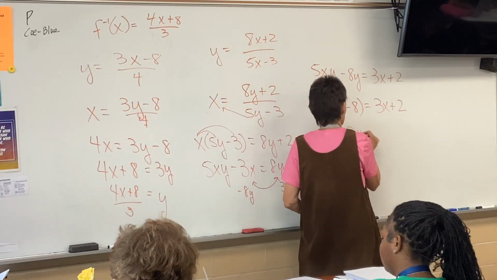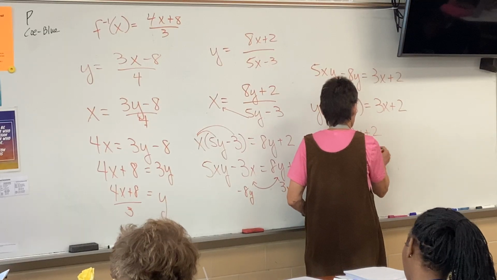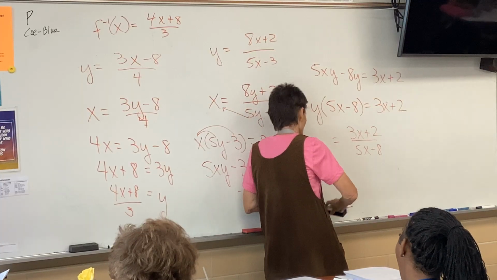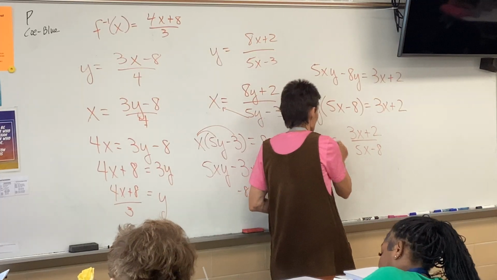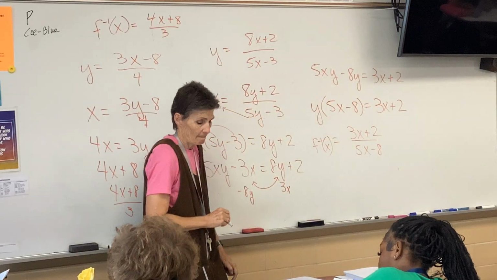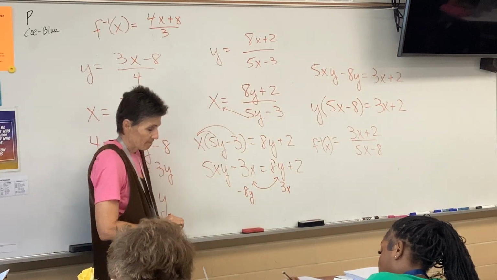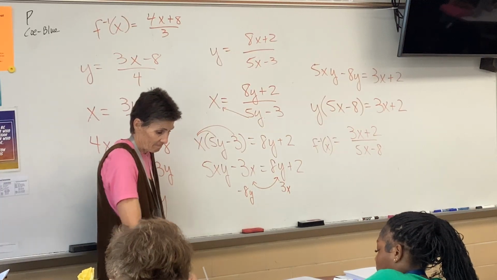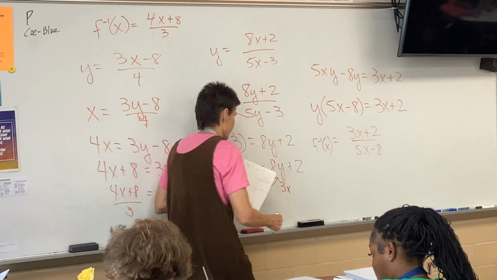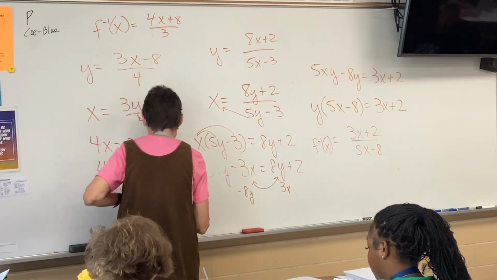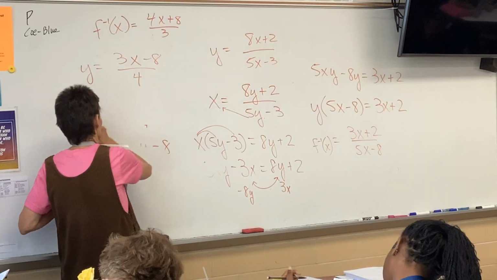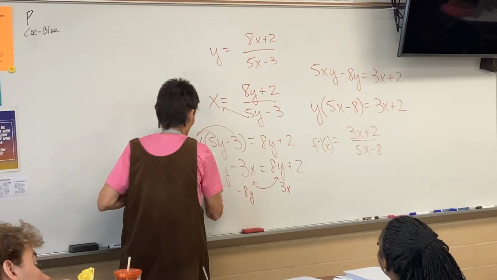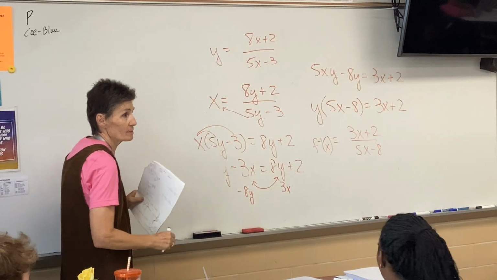So (3x plus 2) over (5x minus 8). And then, just to be perfect, I'm gonna change that y into an F inverse. We'll practice that on Monday, quiz on Tuesday, probably just like that.